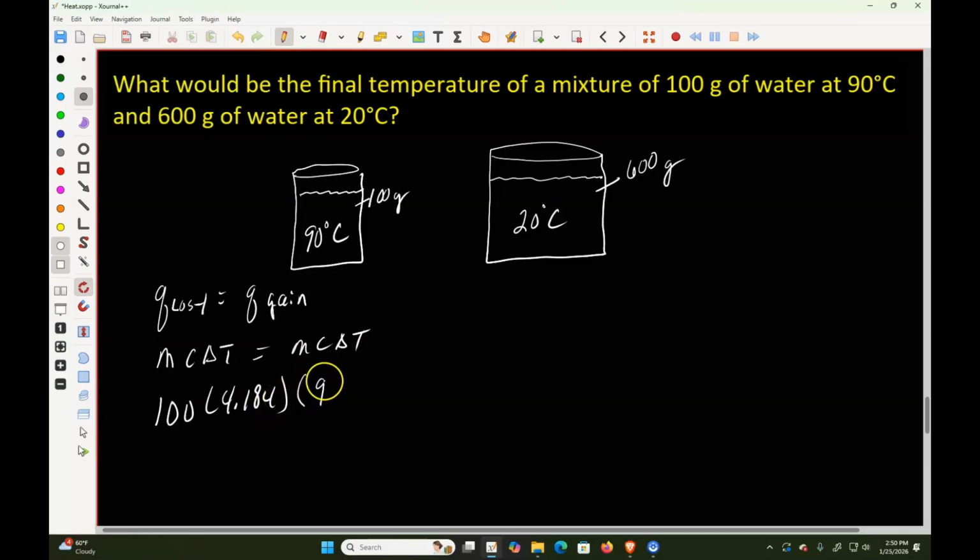The temperature is going to be 90 minus x. On the side gaining heat, the mass is 600 times 4.184, and the final temperature is going to be x minus 20. You always subtract the smaller temperature from the larger one, since it's a change.